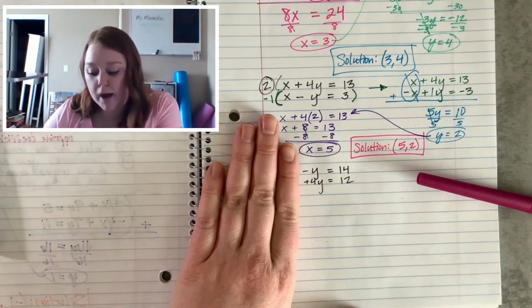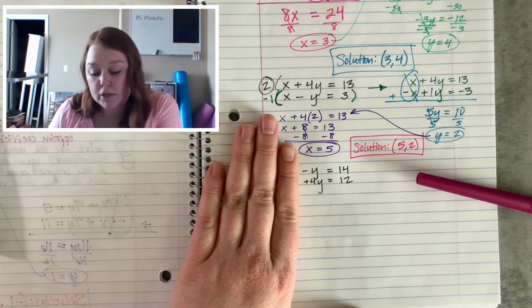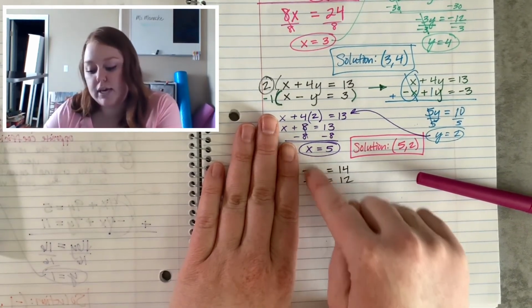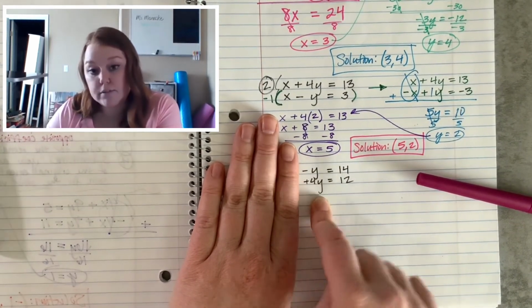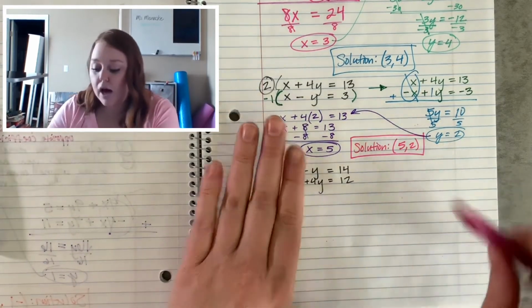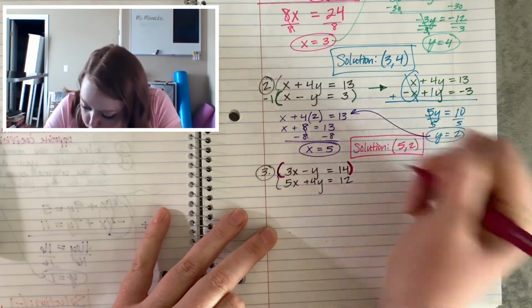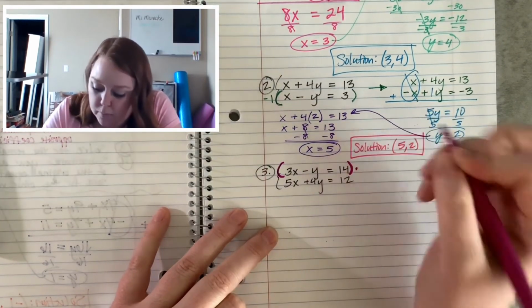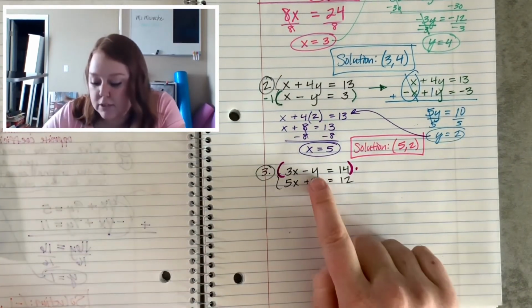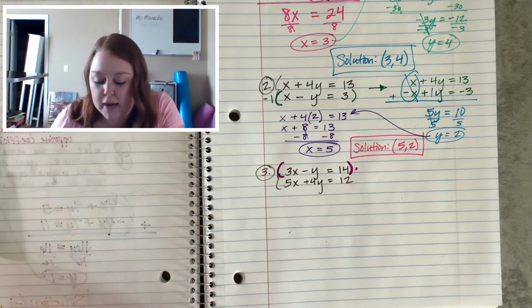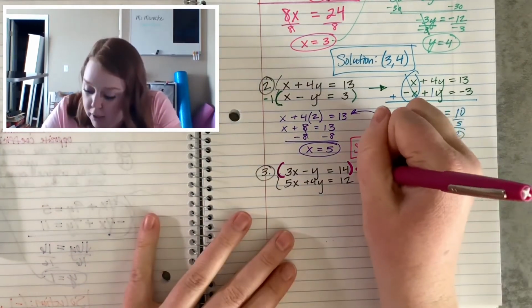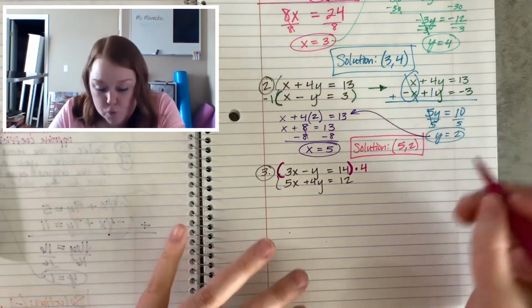A -4y would cancel with a 4y. So I would suggest let's cancel out our y's, but in order to do that, I'm going to have to multiply this entire first equation times what? To make this a -4y, what would I have to times it by? I have to times everything by 4.